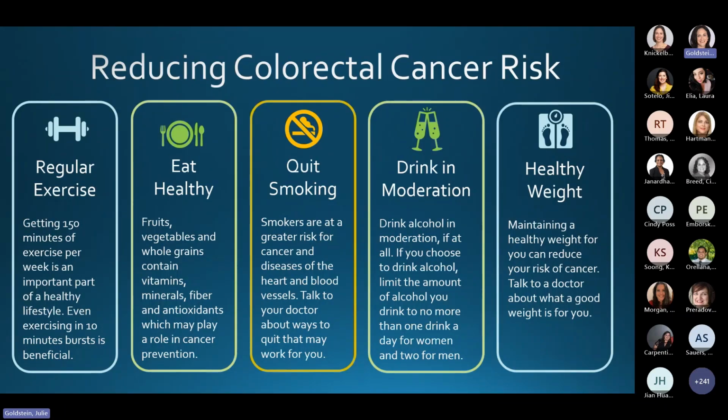That means getting more fruits, vegetables, fiber-containing foods, and whole grains, which can play a role in reducing colorectal cancer risk. Cutting out smoking, which, as I mentioned before, is so important for your health in general and for reducing the risk of other types of cancers, not just colorectal cancer.